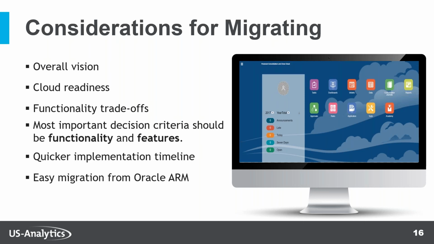And for quite some time now, we have far surpassed what FCCS can do versus HFM. So all the functionality is out there. It's just a matter of knowing how to use the features within FCCS to give you the functionality that you need.